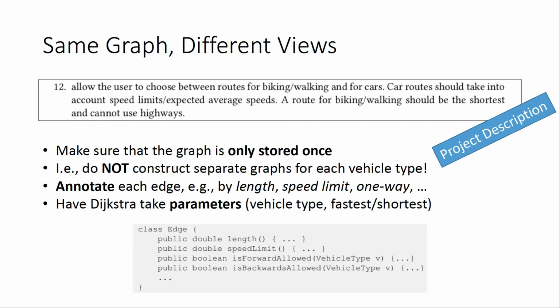If a user says now I'm interested only in bikes, then you relax, and your Dijkstra algorithm classically says now relax all the edges. But of course, if you're on your bike and you see an edge that belongs to a highway, then you just say okay, I skip this. And that's all you need to do here. So your Dijkstra takes parameters, and then you only consider certain edges, and you always adjust the weight to your current situation.